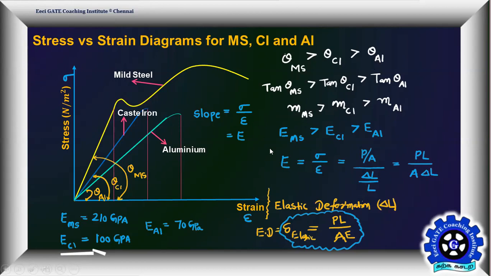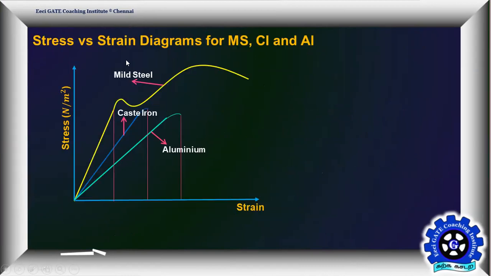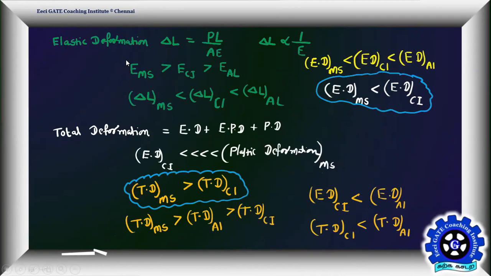Slope is nothing but Young's modulus. Then we drew Hooke's law, and from Hooke's law you got elastic deformation. From that expression we have written E mild steel, this result you already got. Just apply it here and you get the elastic deformation.